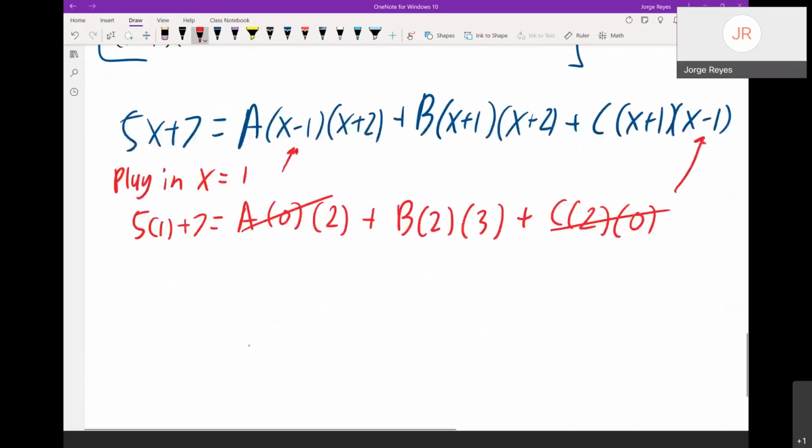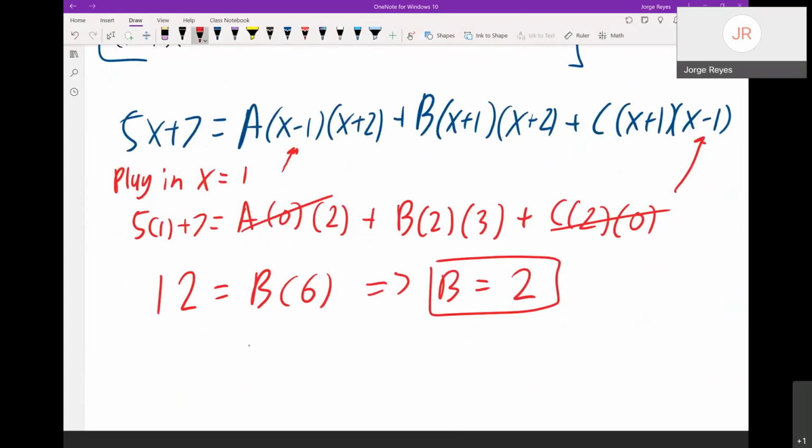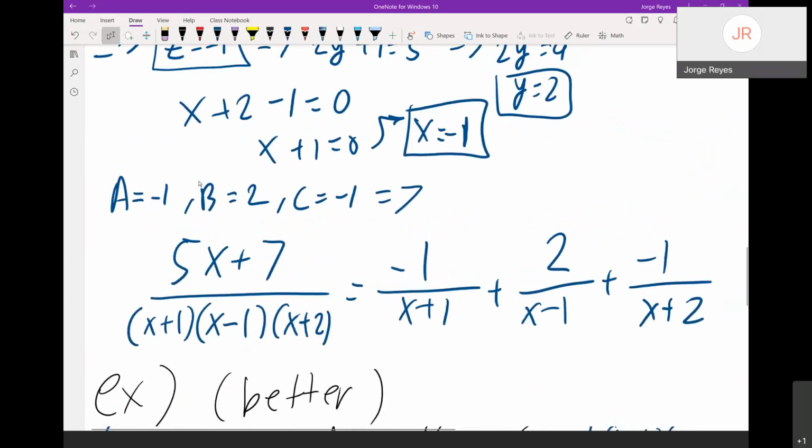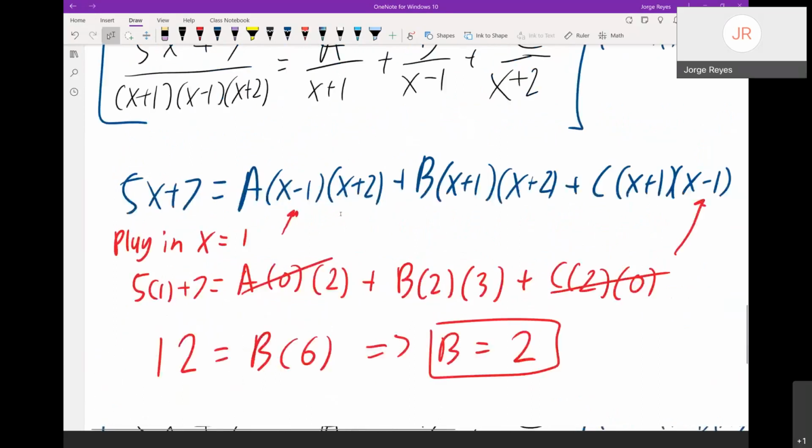So actually 5 plus 7, so that's going to be 13 equals b times 6. Am I wrong? I'm totally wrong. This is 12, excuse me. 12, which means b equals 2. Which it did, and that wasn't hard.